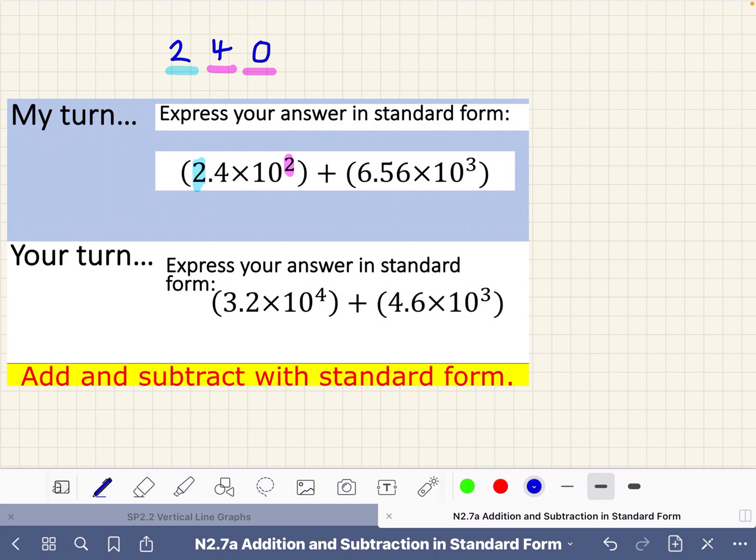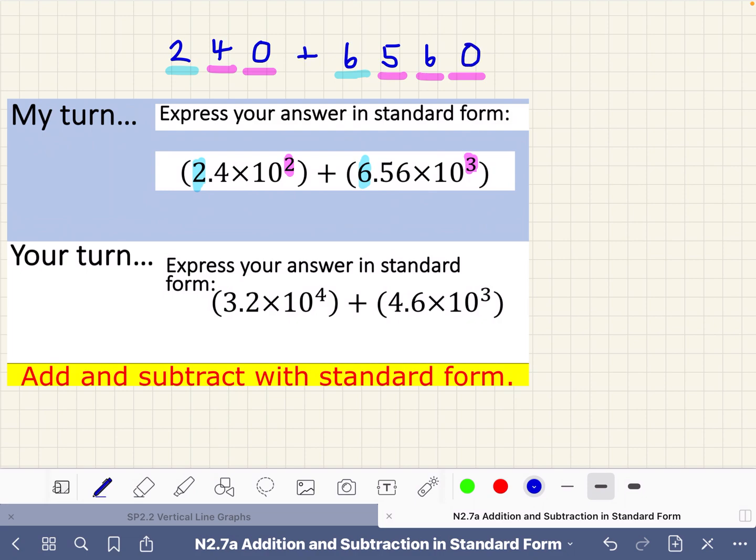The same applies for the next part of the question. So the start of the question is going to be a 6. And the power of 3 tells us there are 3 numbers after that 6. The 5 and the 6 take up 2 of those spaces, 5, 6, with another space filled with a 0.